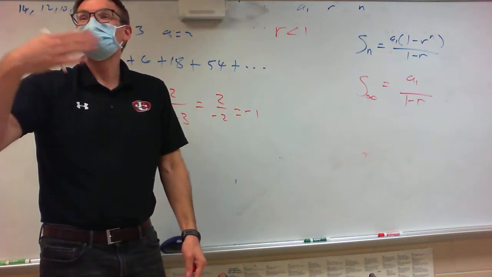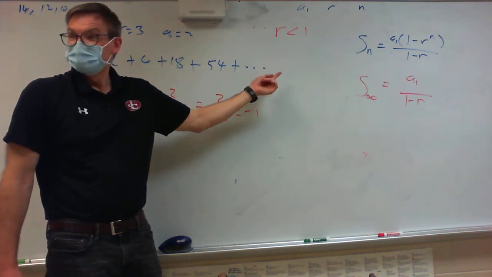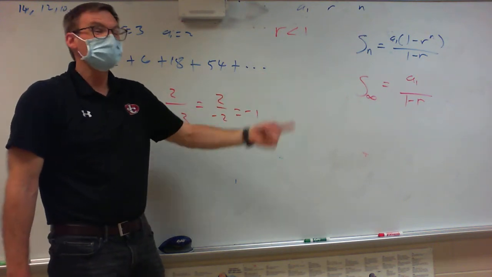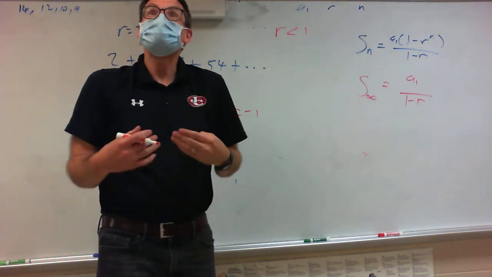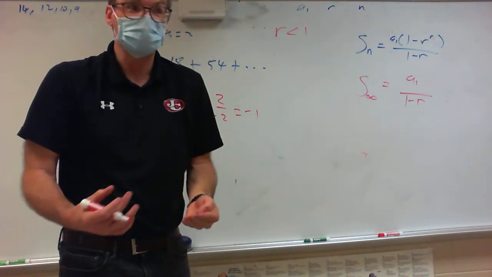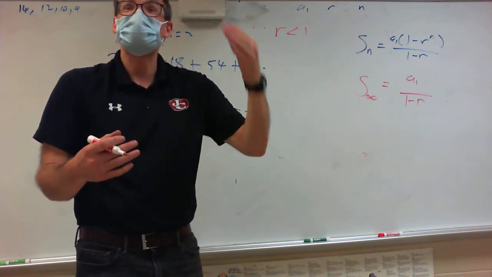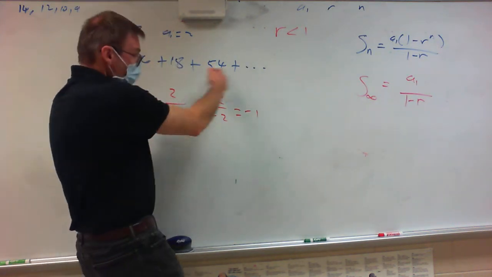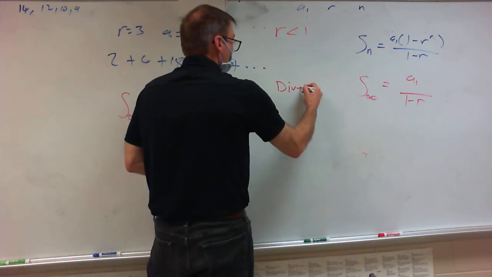If your common ratio is bigger than 1, like this, see how the numbers keep getting bigger? Then you're not going to get an answer. This actually has a special name. Whenever you have an infinite geometric series where the numbers just keep getting bigger, it's called divergent.